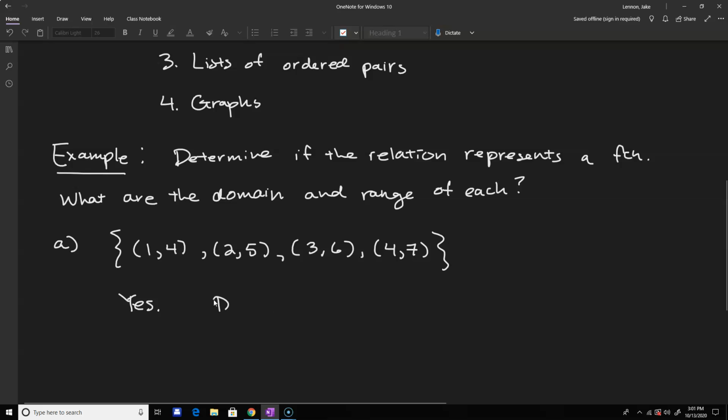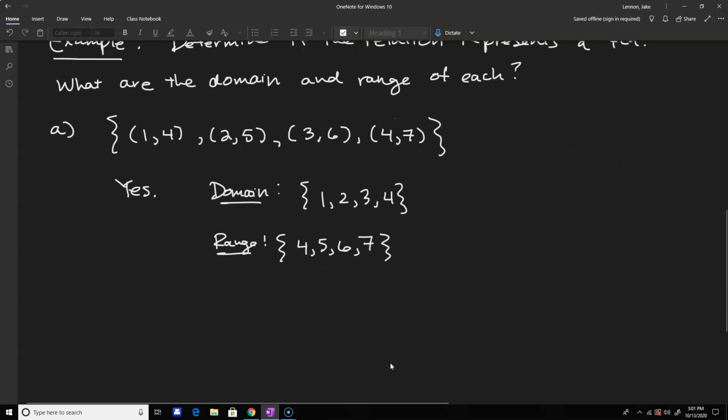For the domain, we would just list all the different x values. So the domain here, we have a 1, a 2, a 3, and a 4. And for the range, we're looking at the y values. So for the range, we have a 4, a 5, a 6, and a 7. So these are the answers to our questions.